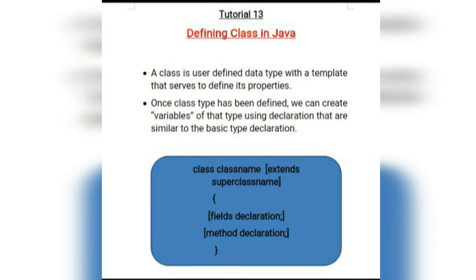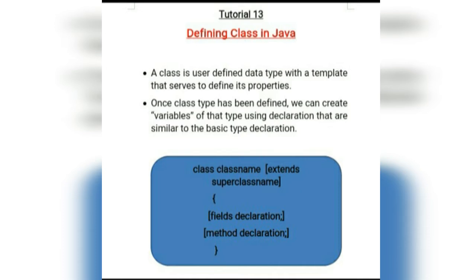Now, defining class in Java. To put it in simple words, a class is a collection of properties and behavior, where the properties are nothing but the data members, and the behavior is nothing but the methods, functions. That means a class is a user-defined data type with a template that serves to define its properties.